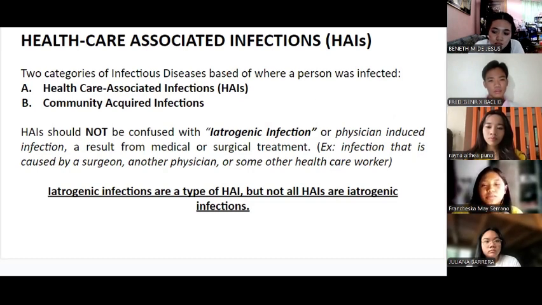And always keep in mind that HAIs should not be confused with iatrogenic infection, as iatrogenic infections are those that are physician-induced.